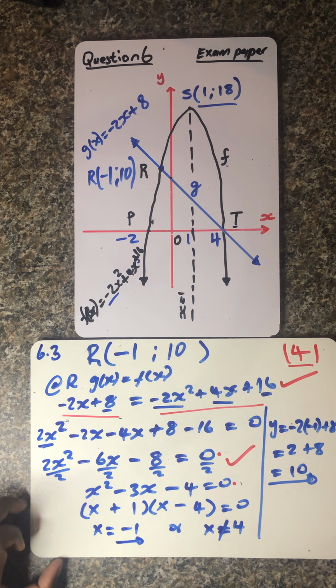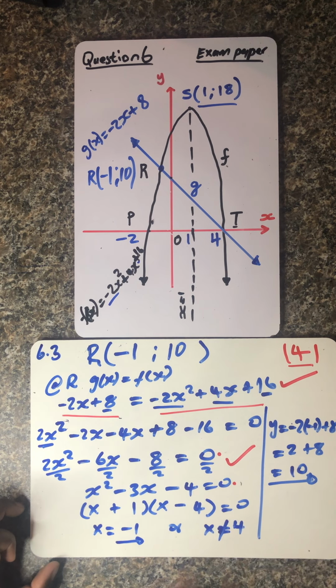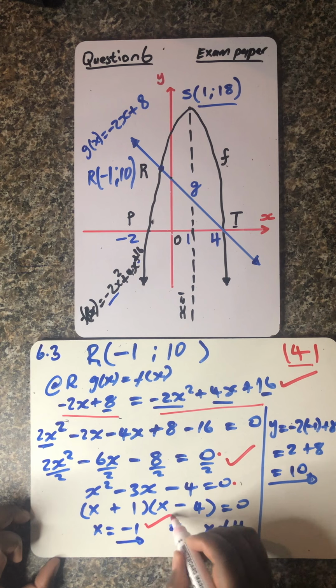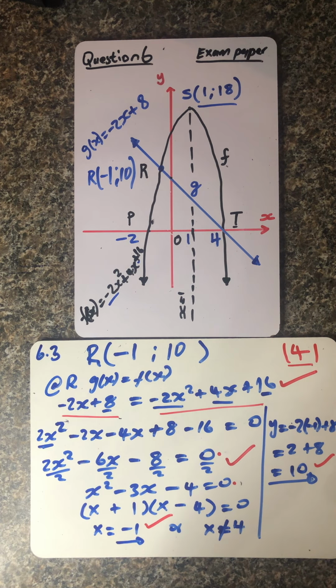It doesn't matter whether you factorized it while it was in that form or this form, we give you a mark. Very, very important, ladies and gentlemen. Again, we give you a mark for your x values which are correct. And obviously your last mark, ladies and gentlemen, we give you a mark for your y value over there.